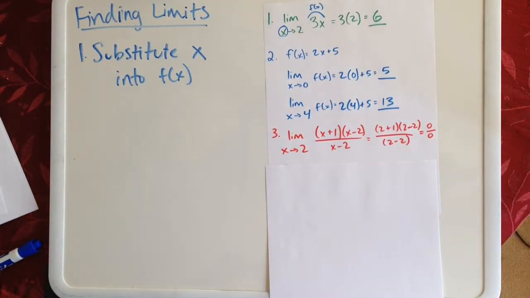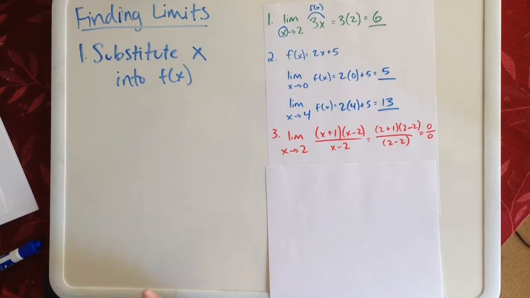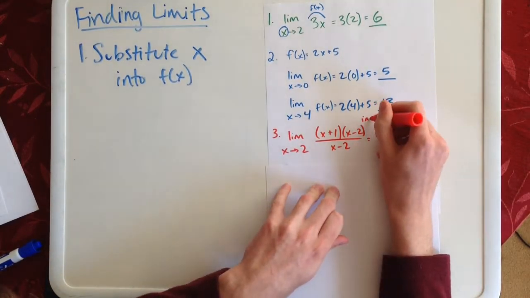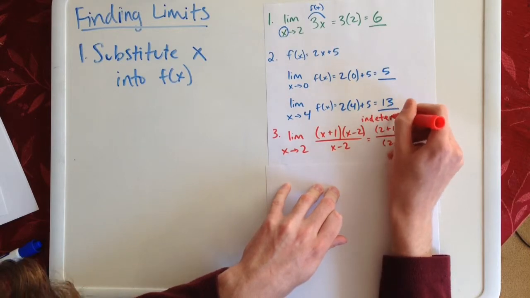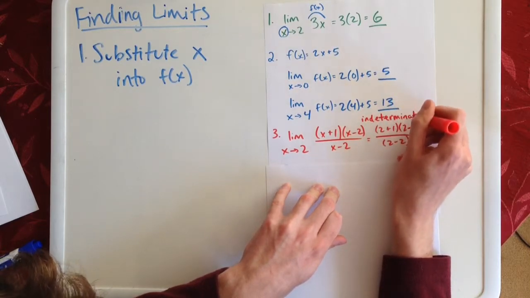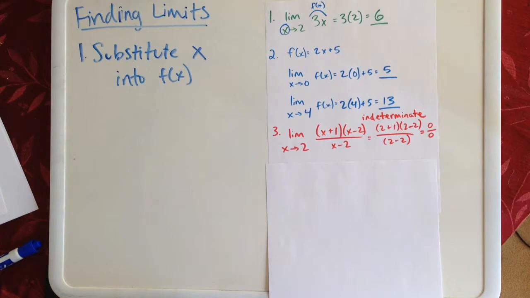And 0 divided by 0 is what's called an indeterminate form. And all that means is that it's not an actual answer.